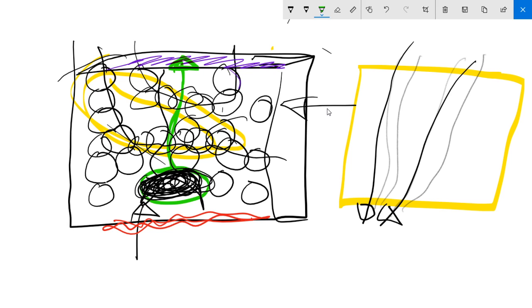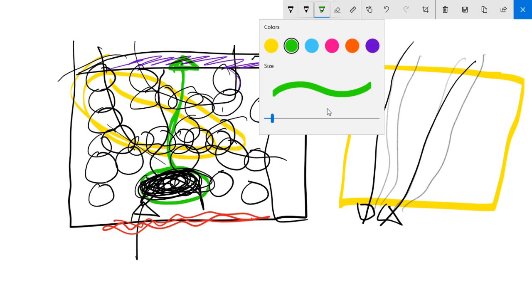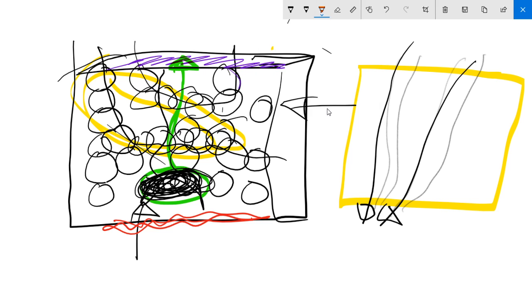But fortunately, there are some geological formations that actually stopped the migration of the petroleum to the earth's surface, and that trapped the petroleum inside.